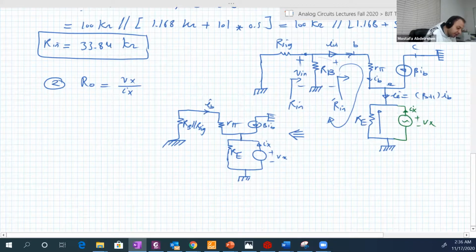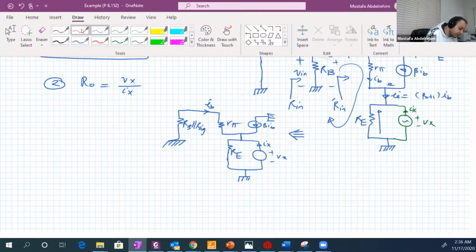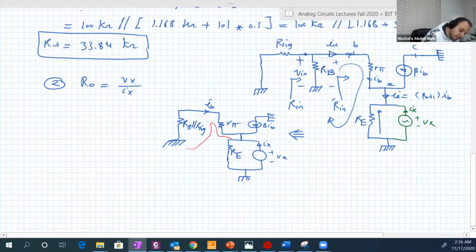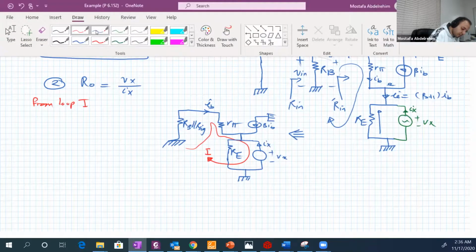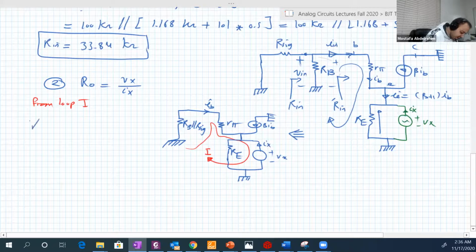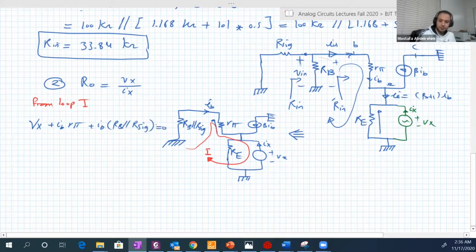So from that loop here, from loop 1, what we have? We have Vx, and we have this voltage IB R pi, and we have this voltage IB times RB capital parallel R signal equal to 0.